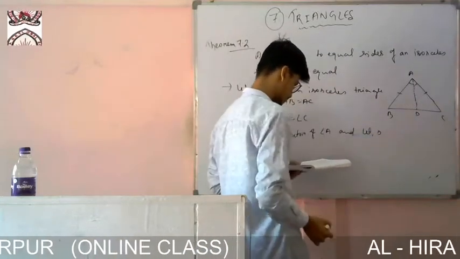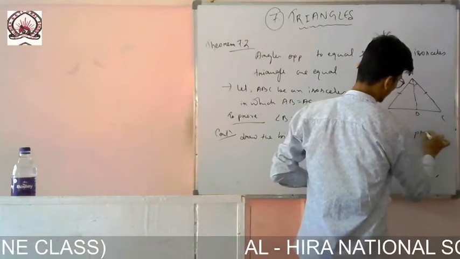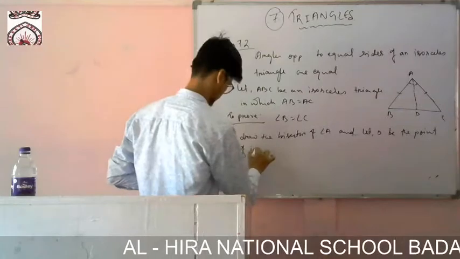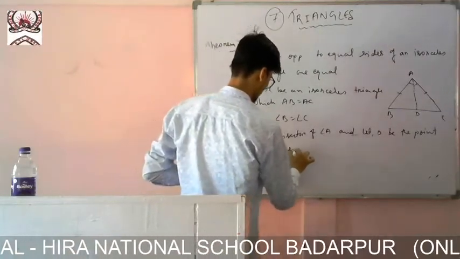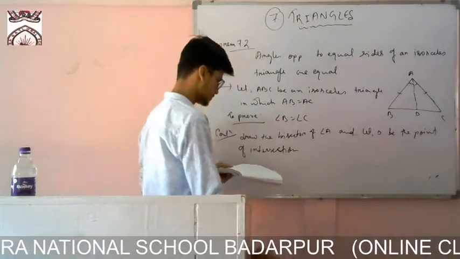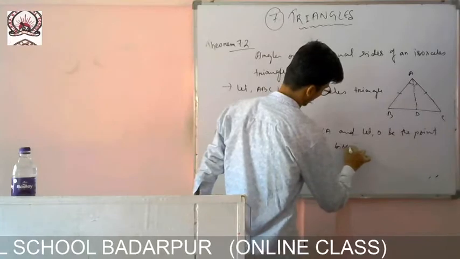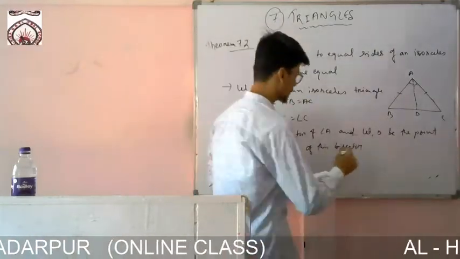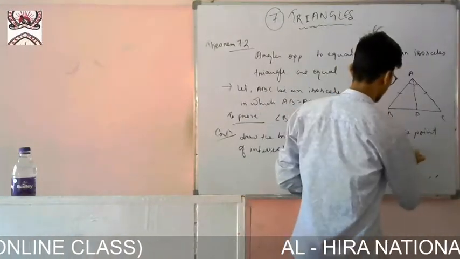Draw the bisector of angle A and let D be the point of intersection of this bisector of angle A and BC.